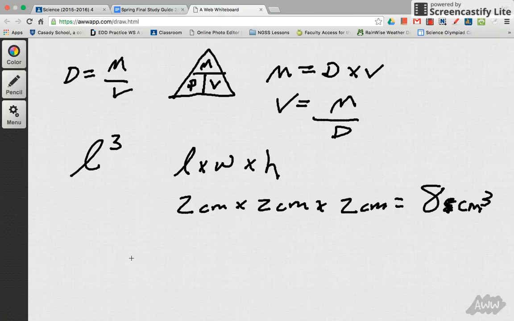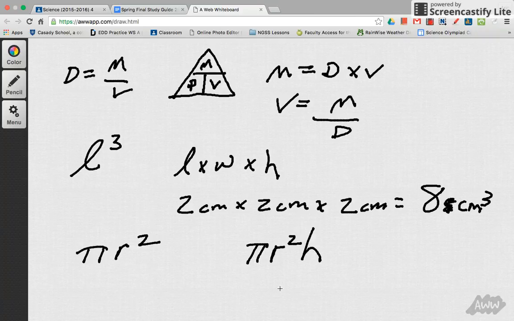The area of a circle, pi r squared is the area of a circle. The volume of a cylinder, pi r squared h. And the thing to remember here is, in the order of operations, make sure that you square the radius before you multiply by the height and pi.